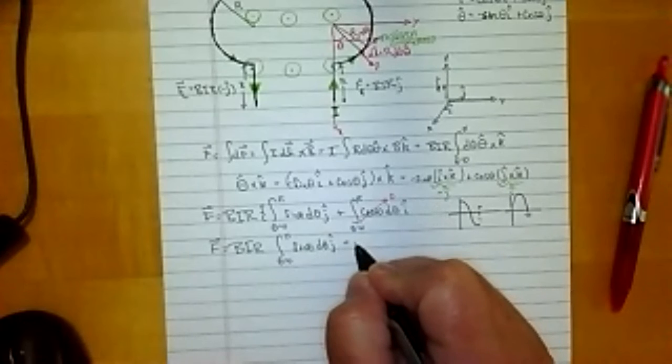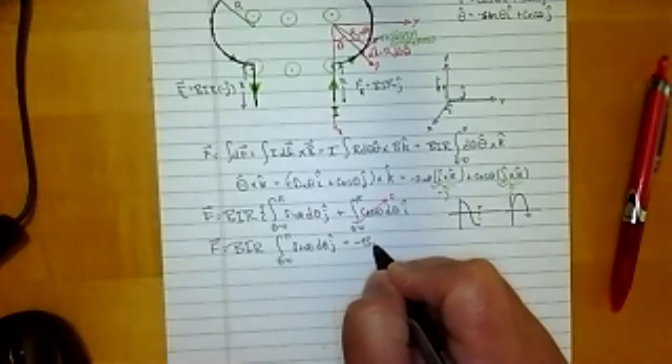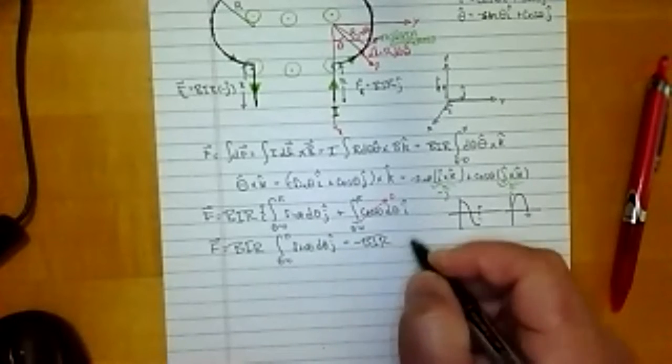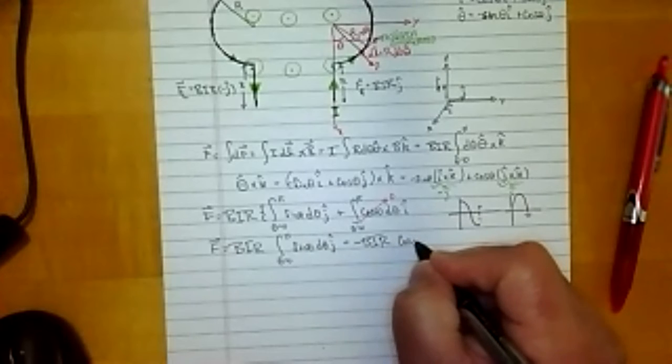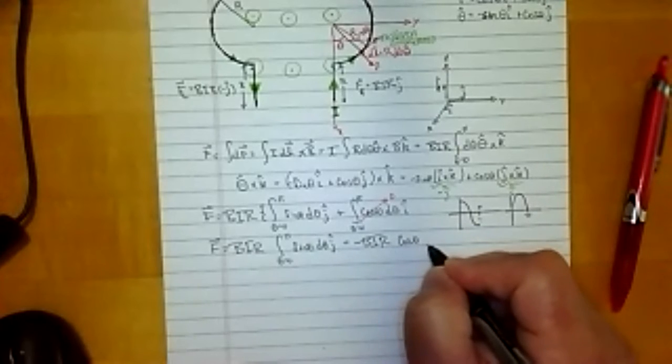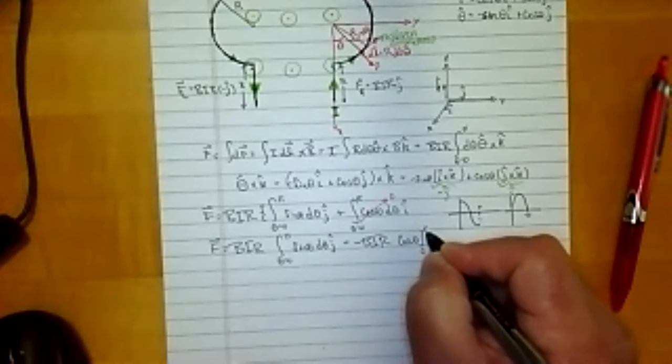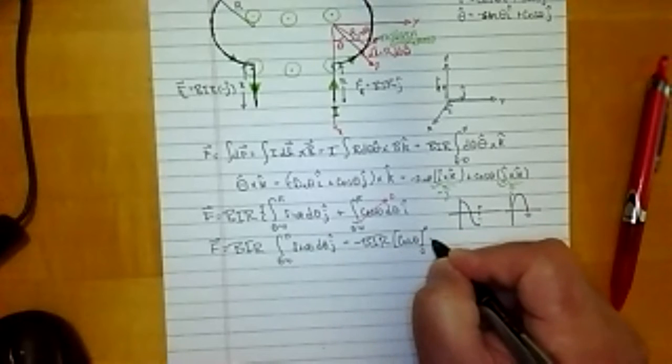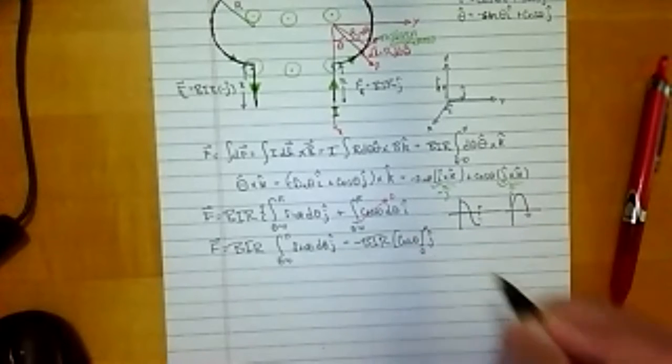So I'm going to put the negative out in front and say B I R times cosine theta, evaluated from 0 to pi, in the j hat direction.